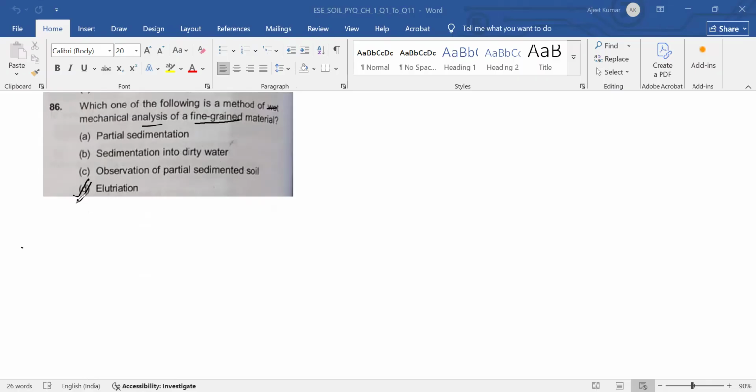Think of this as a reverse sedimentation. Elutriation is nothing but the reverse sedimentation.